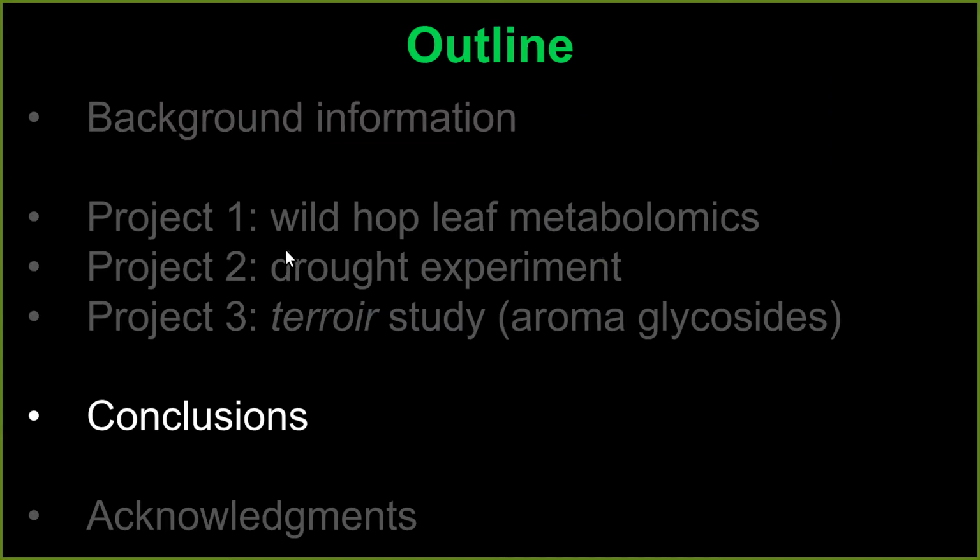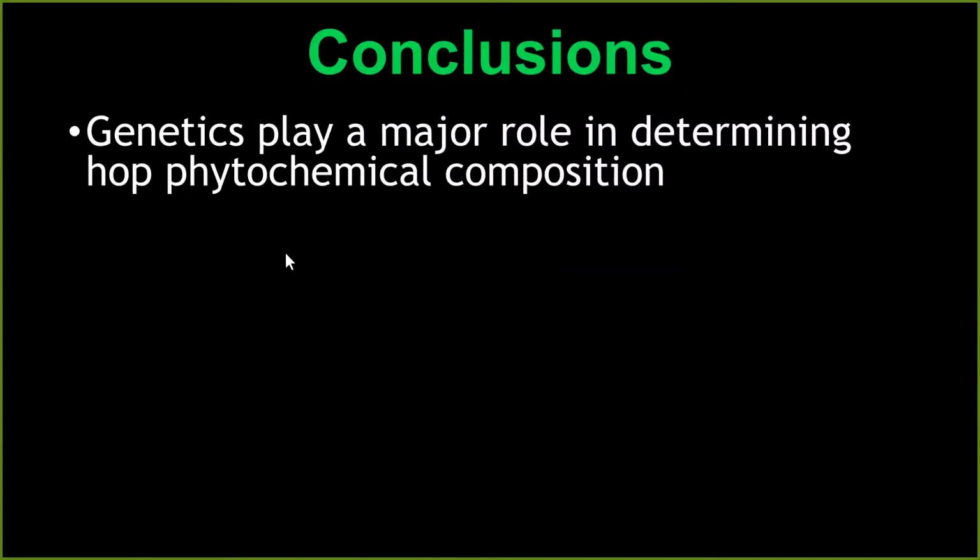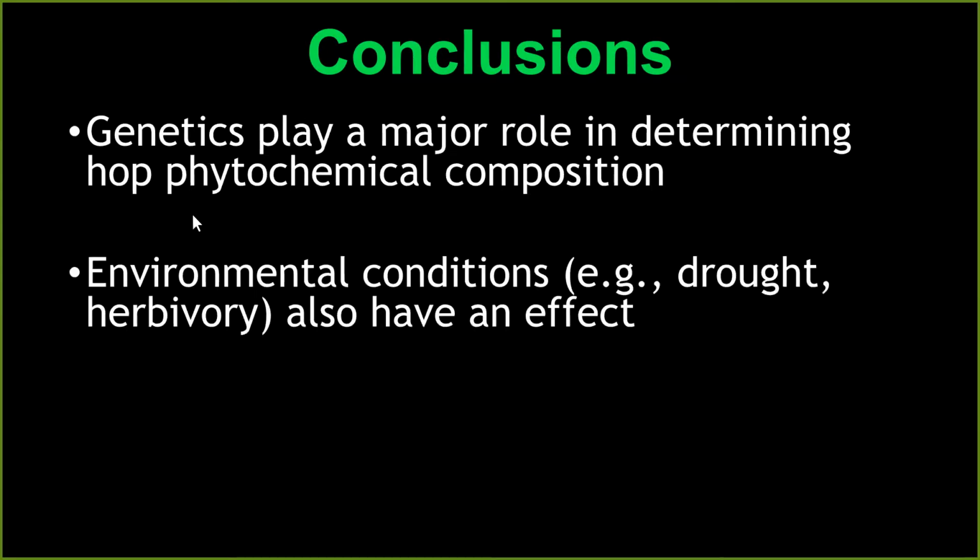So with that, I want to just talk about some of the main conclusions overall from my work. What I found in my studies is that genetics seems to play a major role in determining the phytochemical composition of hops, both in the leaves and in the cones. Still, environmental conditions do have some effects, certainly on the overall chemical composition, as well as a more substantial effect for individual compounds, like we saw with the hexoglucoside, that green leaf volatile.